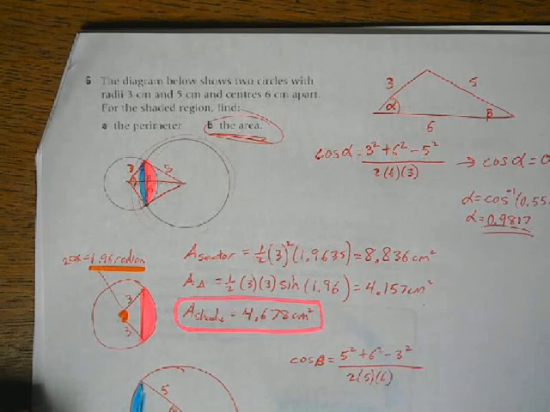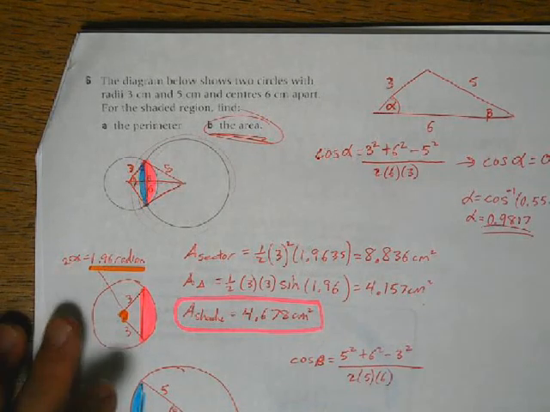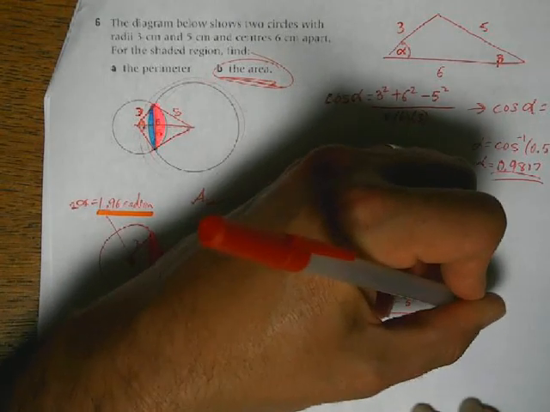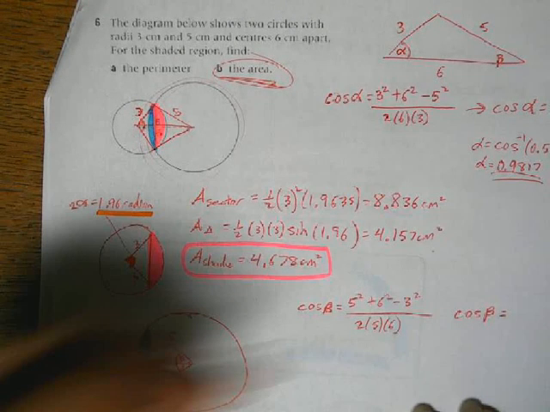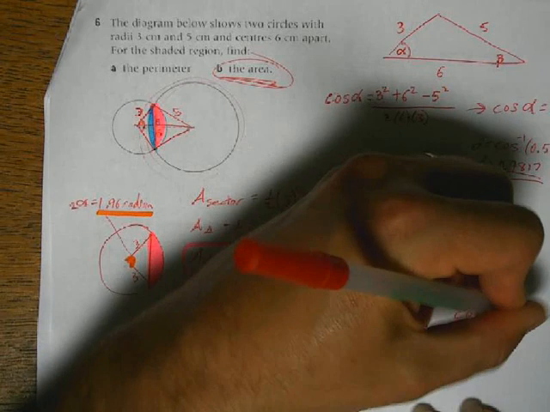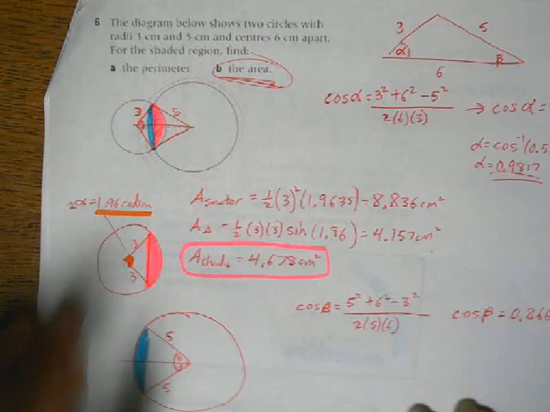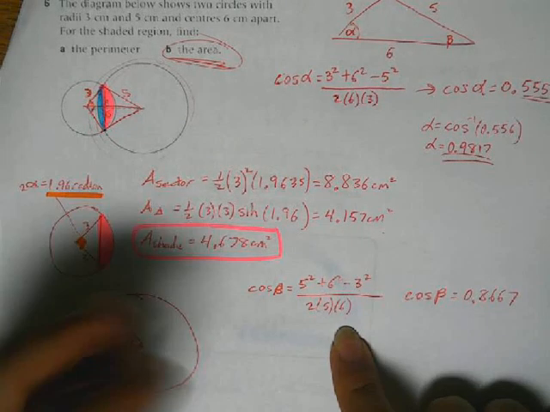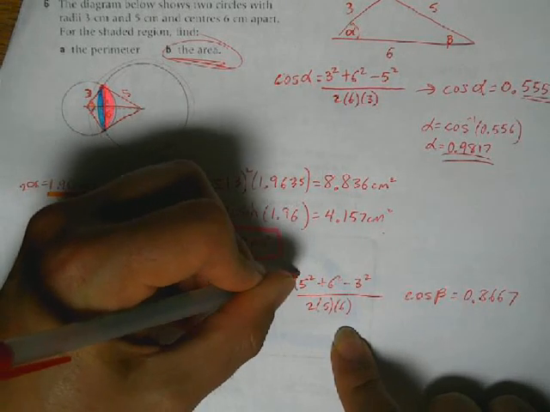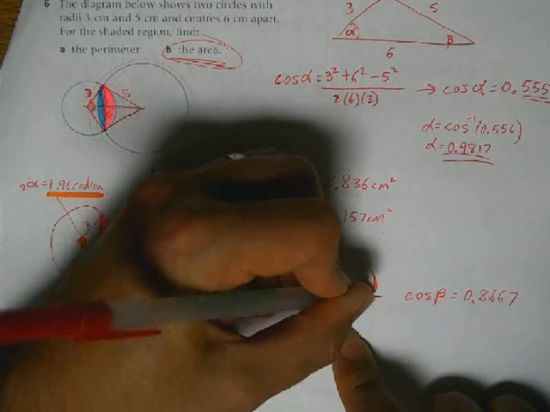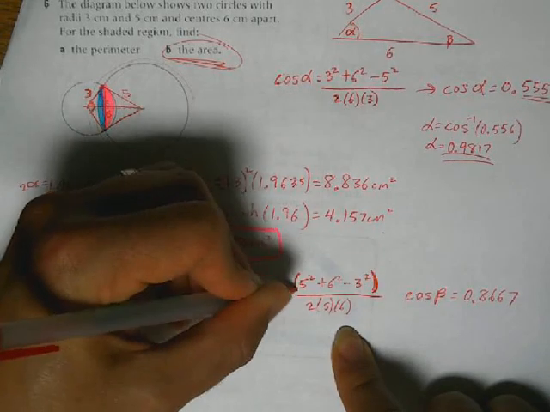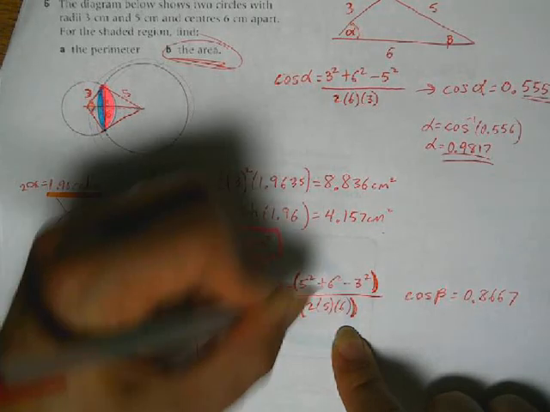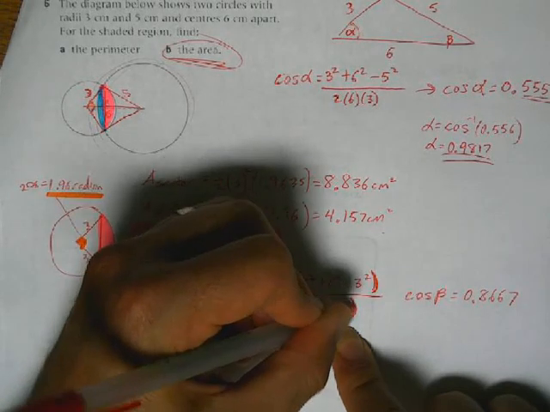Okay, so if I put that into my calculator, I end up with cosine beta equals 0.8667. When you're putting it into your calculator, make sure you put the numerator in parentheses before dividing, otherwise you're probably going to get an order of operations mistake.